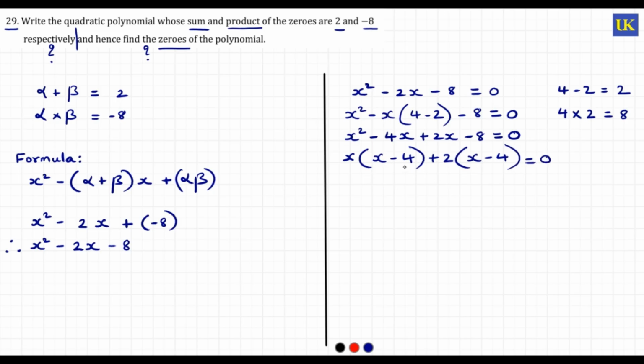So in both the brackets we have the same thing. So just take it once and write it below, and then the outside values you put in another bracket. x plus 2 is equal to 0. Now we will equate x minus 4 with 0, and then x plus 2 with 0.